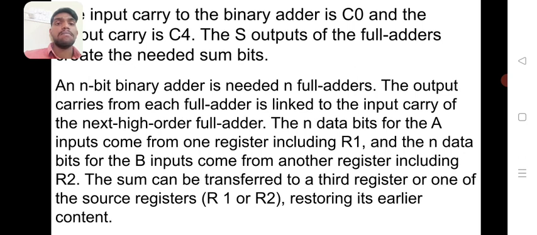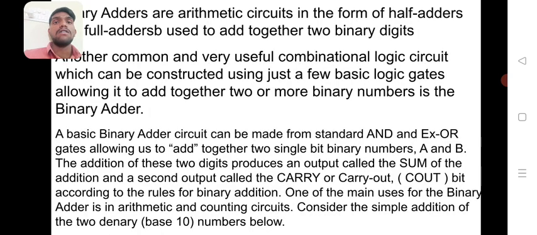The sum can be transferred to a third register or to one of the source registers, R1 or R2, replacing its earlier content.